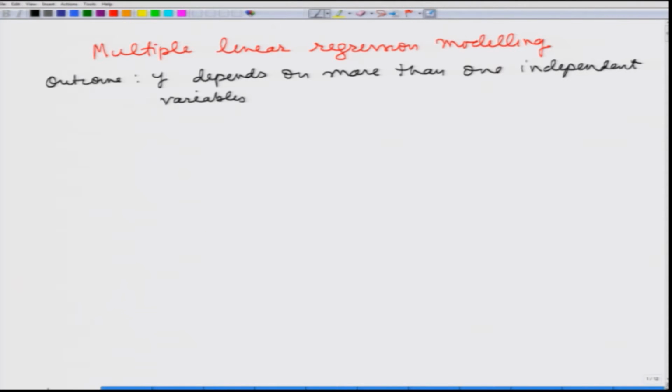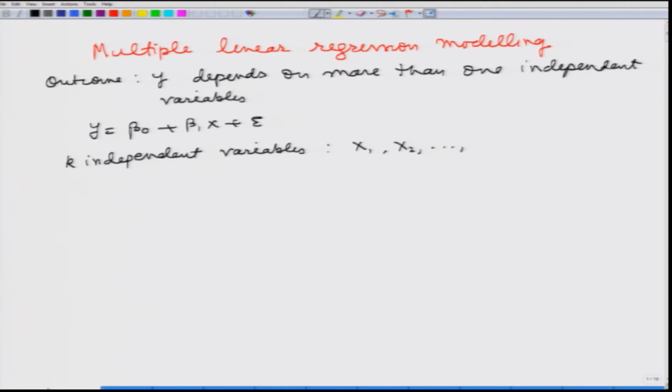And earlier we had discussed the simple linear regression model, that was beta 0 plus beta 1 x plus epsilon. Now, here we assume that there are more than one independent variables, and suppose there are k independent variables. And we denote them here, say x1, x2, up to xk.